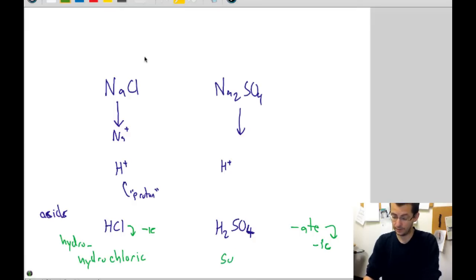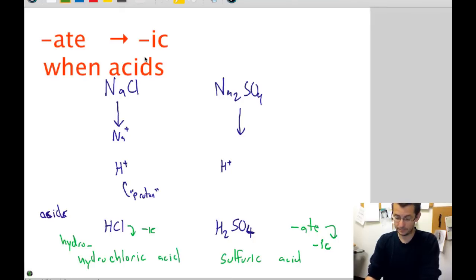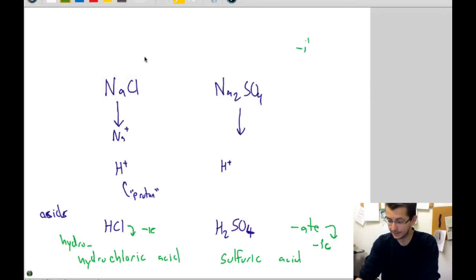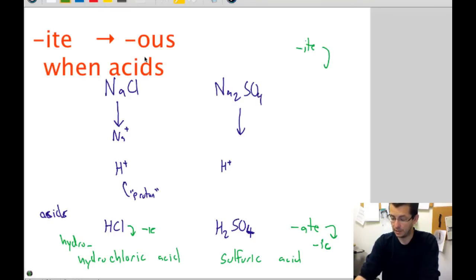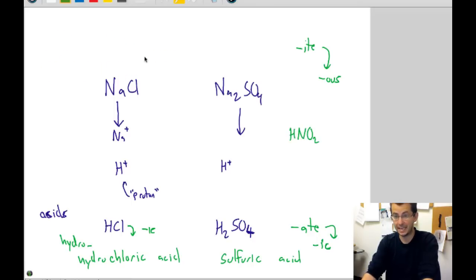This would be sulfuric acid. It's as simple as that. Anything that ends in ate becomes ic. Anything that ended in ite becomes OUS. So HNO2, which is derived from the nitrite ion, would become nitrous acid.